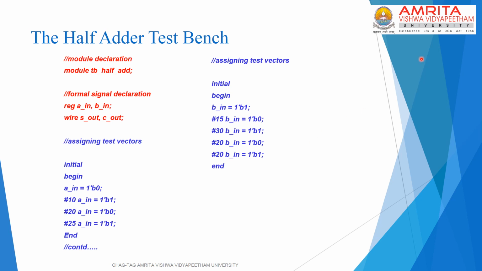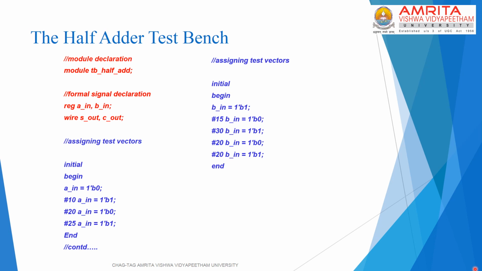Likewise, the initial block which assigns the input signal B assigns a 1 in the beginning, and after a period of 15 time units it changes the logic value to 0, and after 45 time units it changes the value of B to logic 1, and so forth.